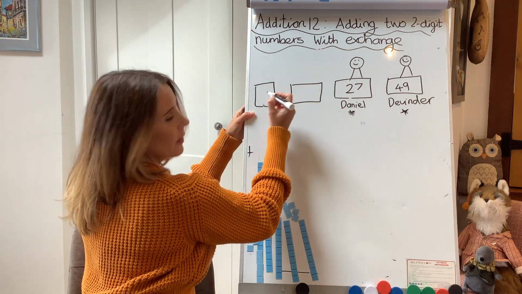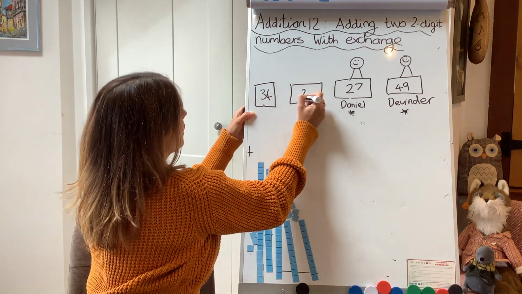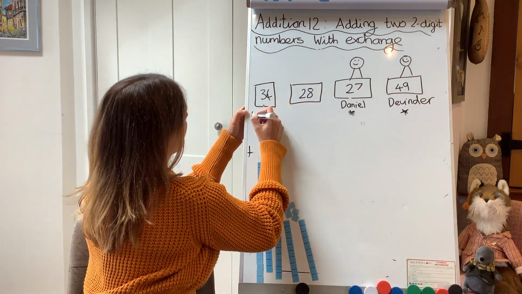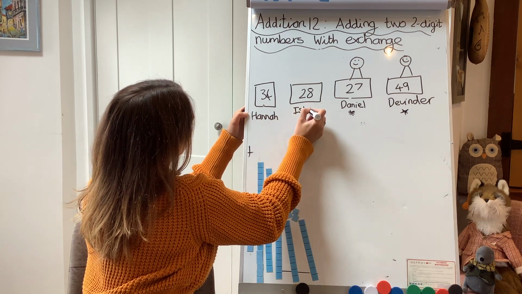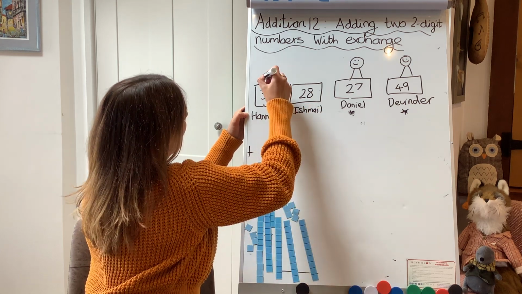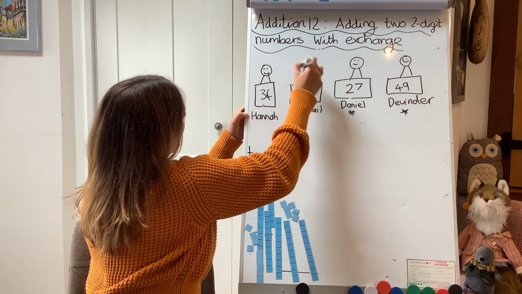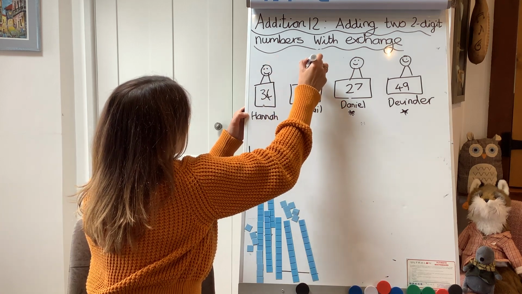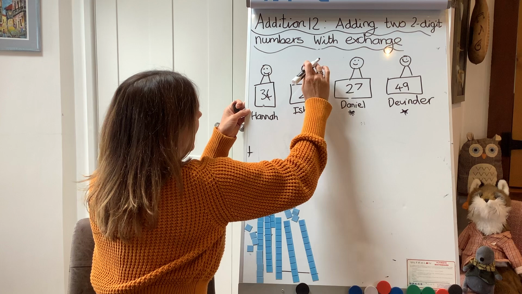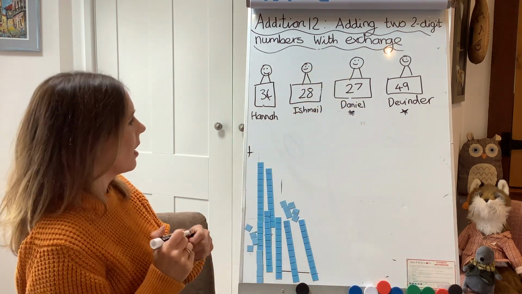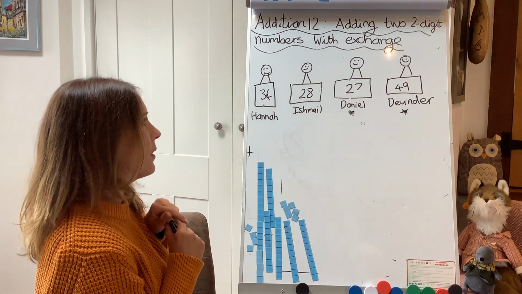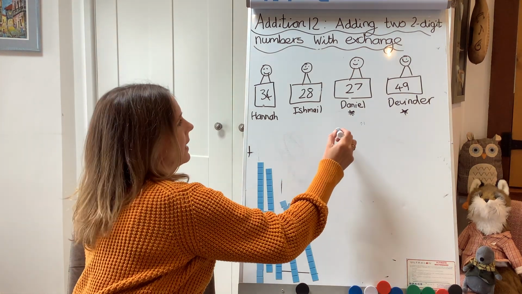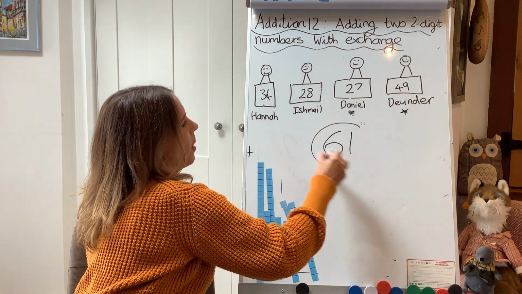So Hannah got 34, Ishmael got 28. And I want you to think about whose combined score when you add them together would make 61.